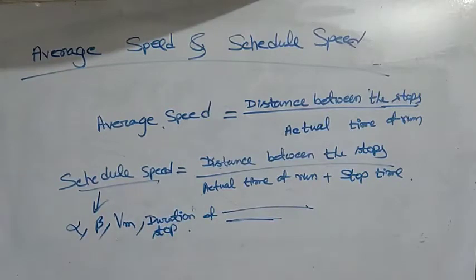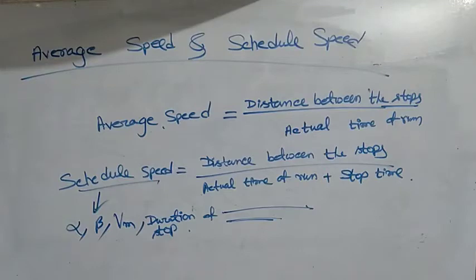Now for a given distance between the stations, the greater the value of acceleration and retardation, the less will be the actual time of run and the more the scheduled speed. Similarly, for a given distance between stops and fixed values of acceleration and retardation, the greater the value of maximum speed, the less will be the time of run and the more the scheduled speed. Now, if average speed remains the same, an increase in duration of stop decreases the scheduled speed.